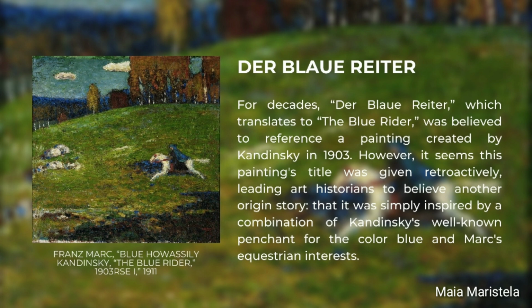However, it seems this painting title was given retroactively, leading art historians to believe in another origin story: that it was simply inspired by a combination of Kandinsky's well-known penchant for the color blue and Marc's equestrian interest. The photo on the left side is an artwork called The Blue Rider by Wassily Kandinsky in 1911.